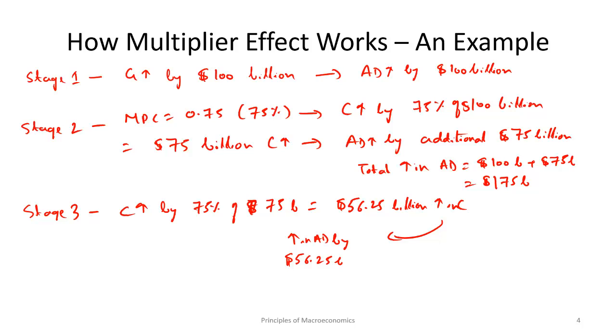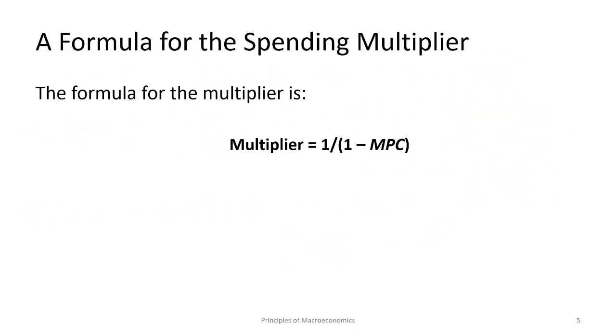Now, thankfully, there's a better way to measure it, and there's a simple formula for it. And this is how we measure multiplier. Multiplier is nothing but 1 over 1 minus MPC. So this will give you the total size of the multiplier, or by how many times your GDP is going to go up if government expenditure increases by $100 billion. So let's try to complete the example.